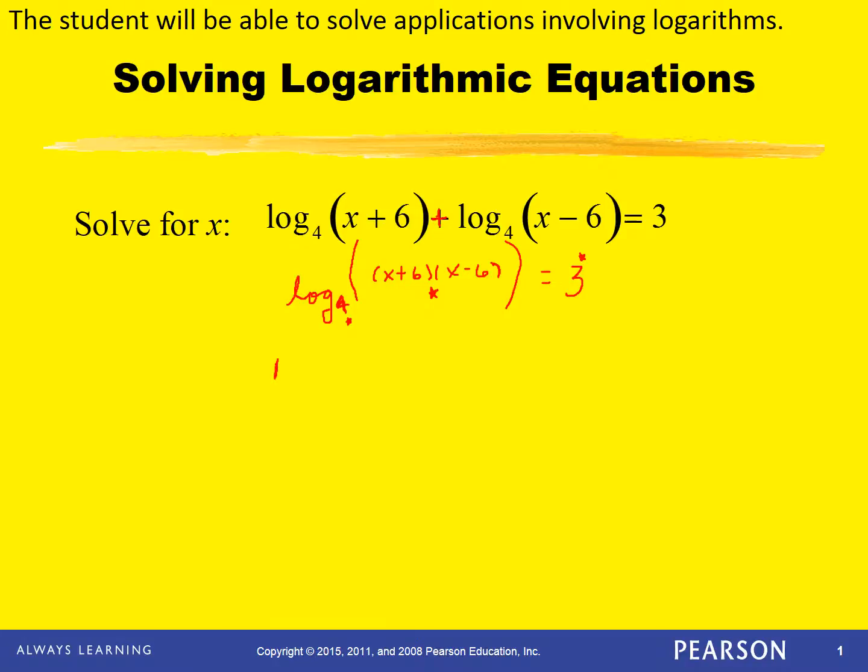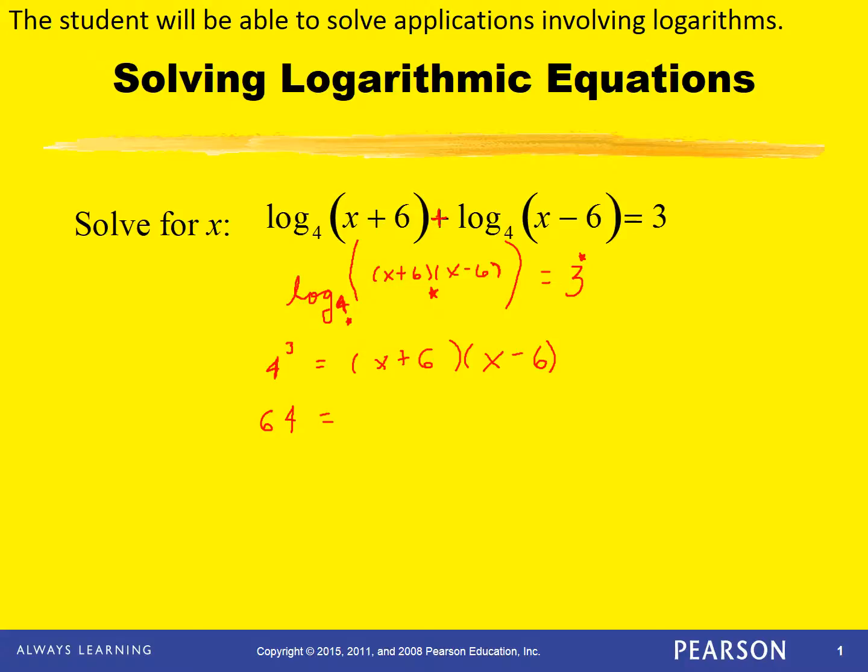So in exponential form, it's 4 to the 3 equals the argument, x plus 6 times x minus 6. 4 times 4 times 4 is 64.